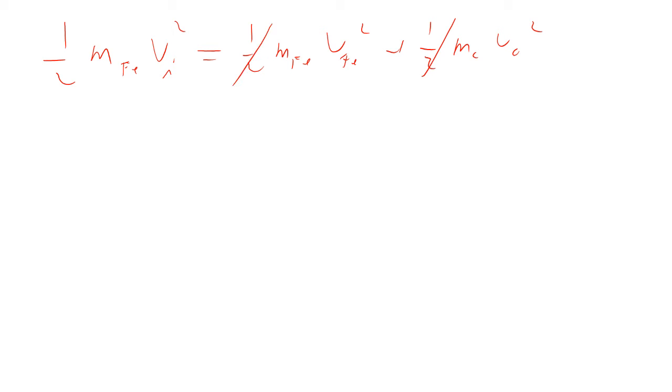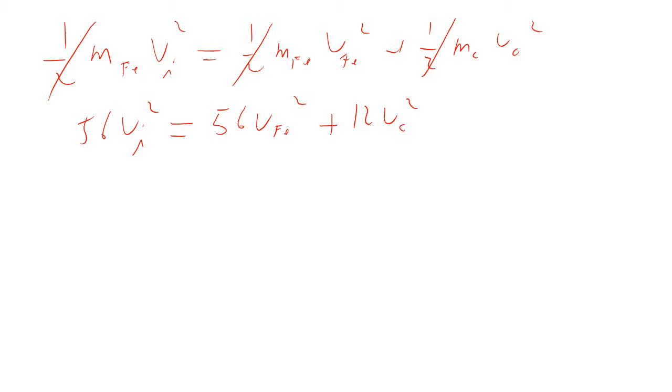So for the kinetic part, 1/2 mass of the iron times the initial velocity squared equals 1/2 mass of the iron, velocity of the iron squared, plus 1/2 mass of the carbon, velocity of the carbon squared. Okay, and so we got 56 V sub I squared equals 56 V sub Fe squared plus 12 V sub C squared.